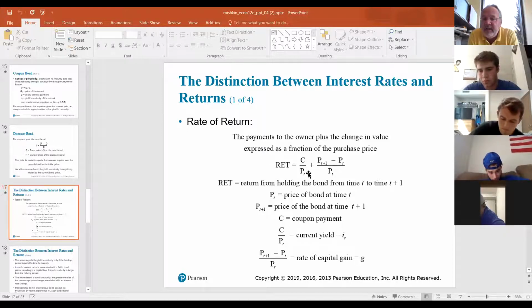The payments to the owner are the interest payment, which is how much? 10%, $1,000 bond, what's the interest payment? Cole? What's up? Yeah, what's the answer? 100. I don't have a calculator in front of me.